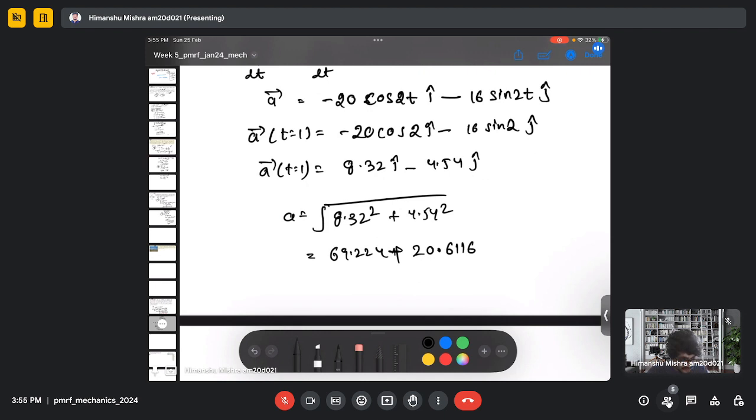Sorry, this is 14. So the magnitude will be 16.75 meter per second square.